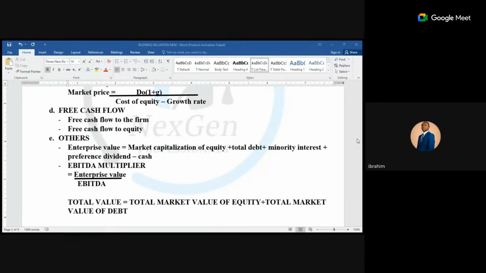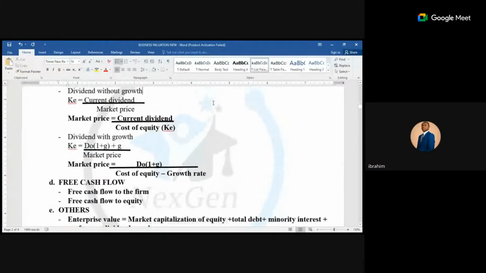Okay, don't confuse us. So the market price is the market price per share. The market price is based on the value of the company, right? So when you multiply it by the number of shares, we give you the value.